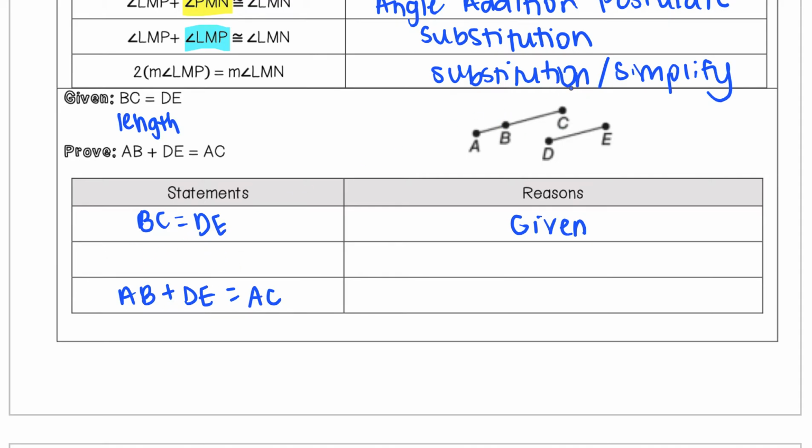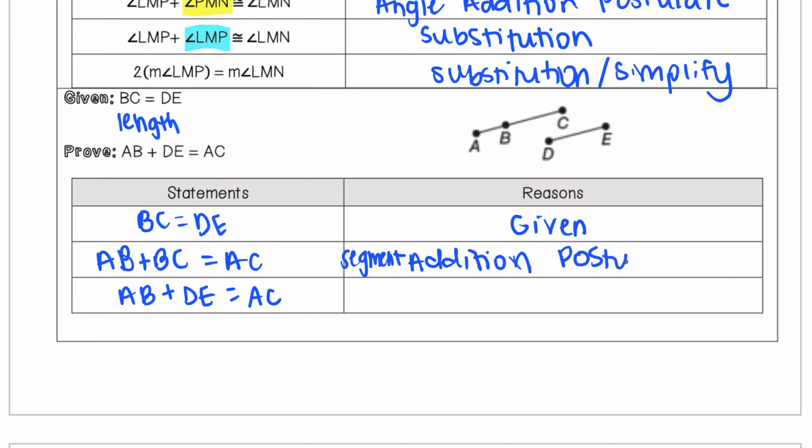And when I look at my diagram, the only thing that I can really add together here by a postulate would be AB and BC. And I'm allowed to add AB plus BC and say that it's equal to AC because of the segment addition postulate. So segment addition postulate would be our reason here of why we can make that claim.